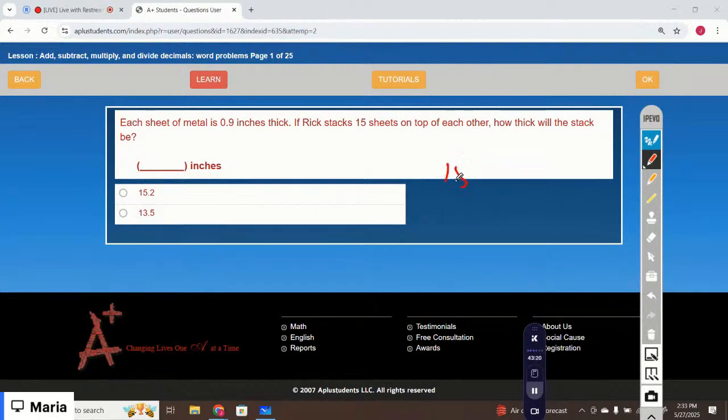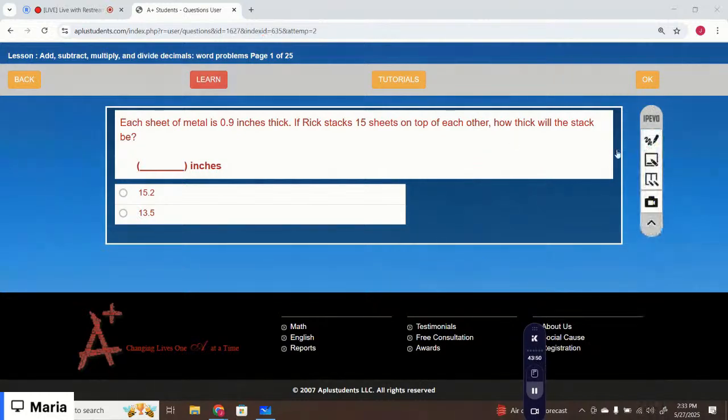You have to multiply 15 and 9. You can add the decimal point later. 9 times 5 is 45. 9 times 1 is 9, and 13. So you have one decimal, add one decimal point for one decimal place. So that is 13.5. Option number two is the correct option. That is 13.